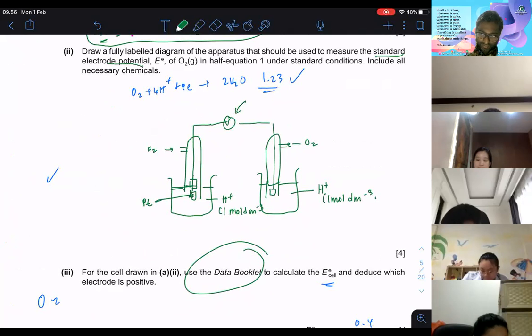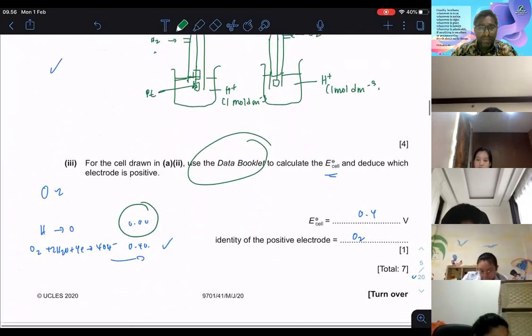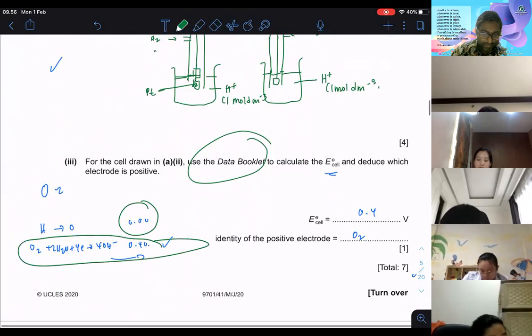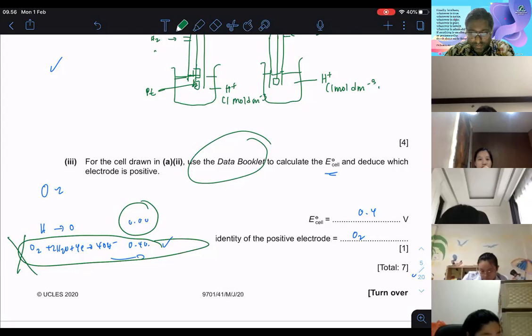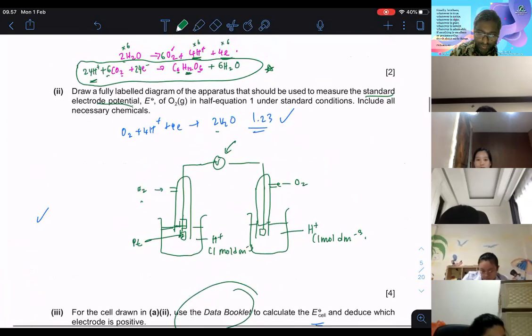So from the cell drawn, we know the hydrogen cell is going to be 0. Everyone should know this. Then you need to make sure you do not take the wrong equation from the data booklet. We want the information related to water, H plus and O2.